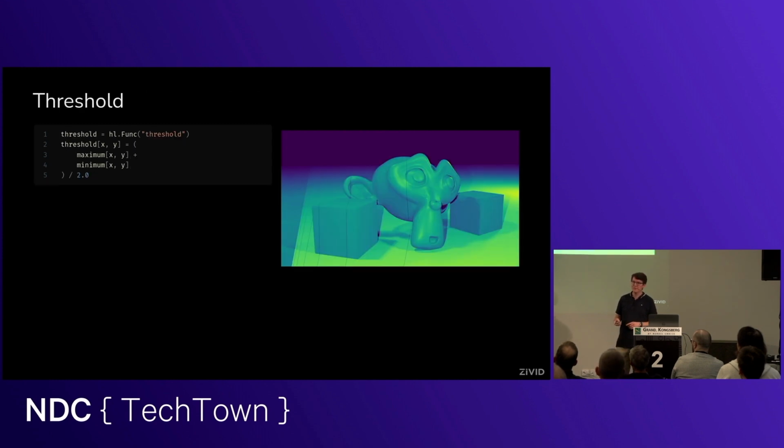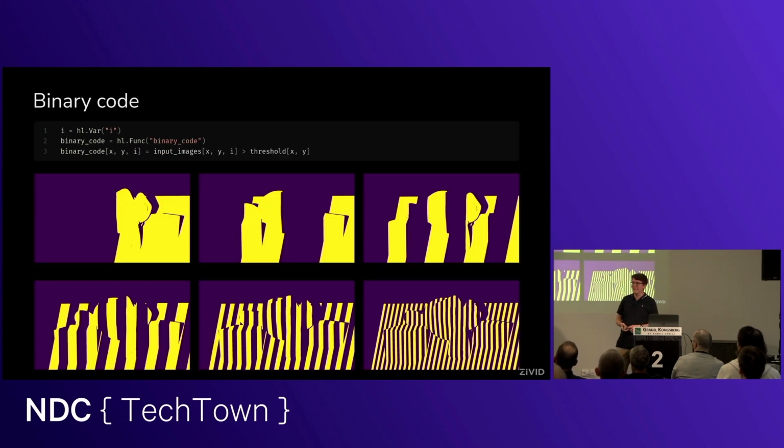For the threshold, it's pretty straightforward. We say that the threshold in the XY coordinate is going to be the maximum value in the same coordinate plus the minimum value divided by 2. That's how you get the average. And then finally, we can see if each image is above the threshold. And that is done by defining this binary code func.